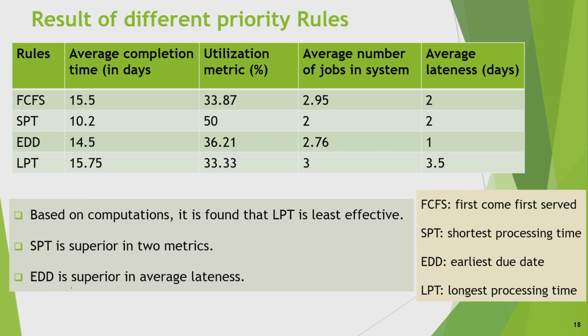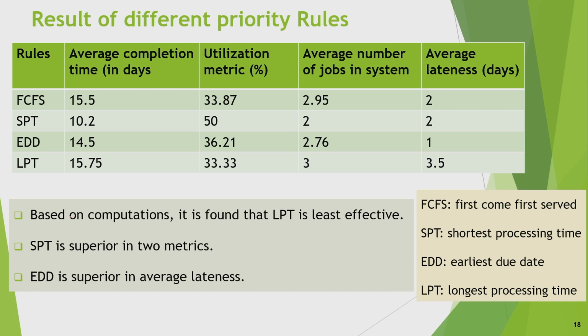So, if your criterion is that you cannot afford lateness, otherwise your goodwill in the market will become very bad, then you have to reduce that. And for LPT, longest processing time, average lateness is equal to 3.5. So, based on the computation, it is found that LPT is least effective, it is not giving me a very good result.